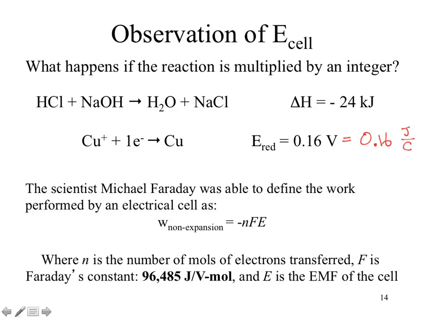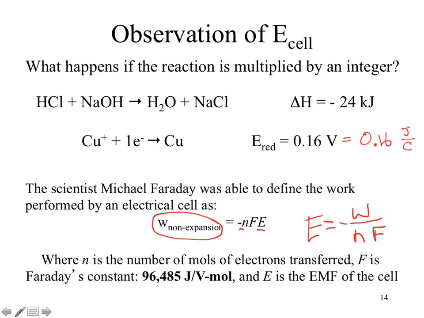So if we look at our work for an individual reaction, if we double our reaction, we could expect more energy coming out of it. But at the same time, we end up changing our other values. Solving for our cell potential, it equals our work over nF, put in that little negative there.